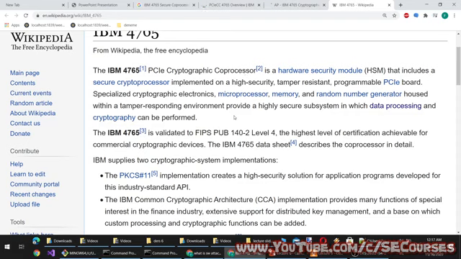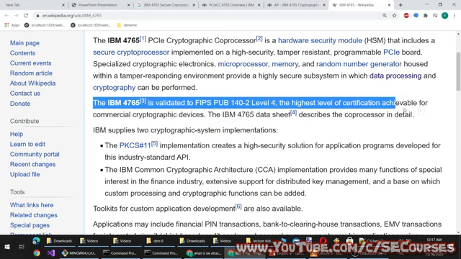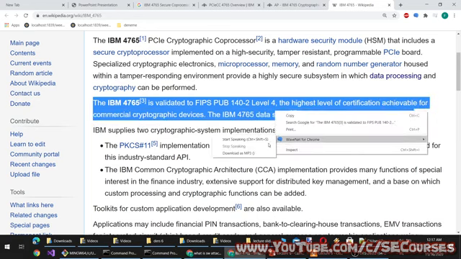The IBM 4765 PCIe cryptographic coprocessor is a hardware security module (HSM) that includes a secure cryptoprocessor implemented on a high-security, tamper-resistant, programmable PCIe board. Specialized cryptographic electronics, microprocessor, memory, and random number generator housed within a tamper-responding environment provide a highly secure subsystem in which data processing and cryptography can be performed.